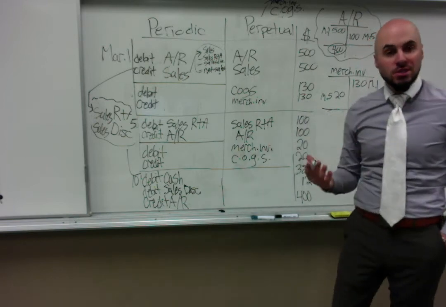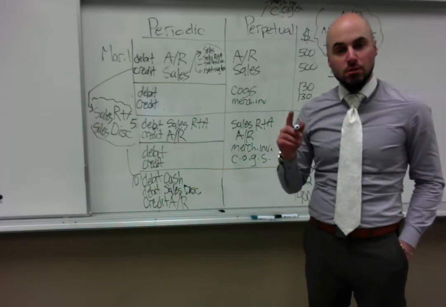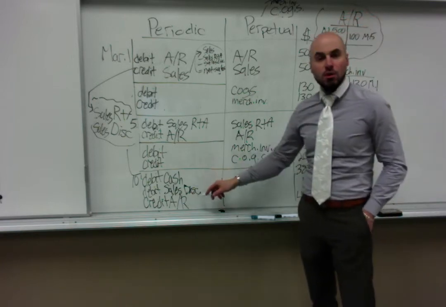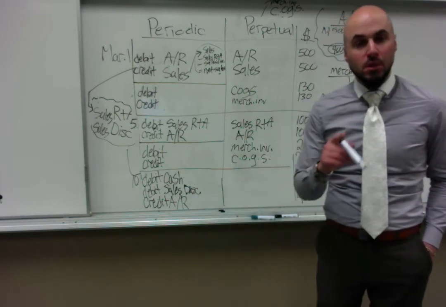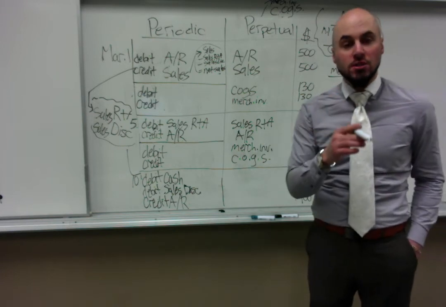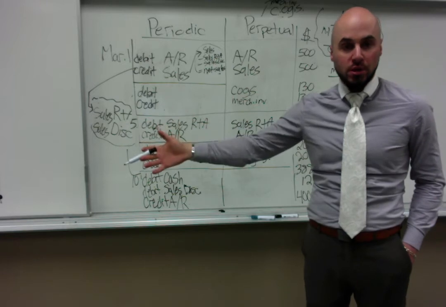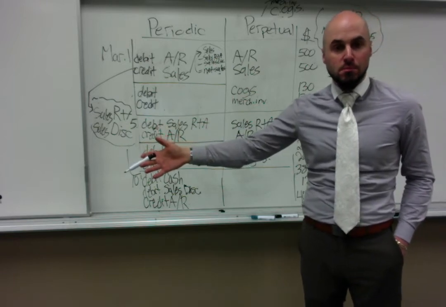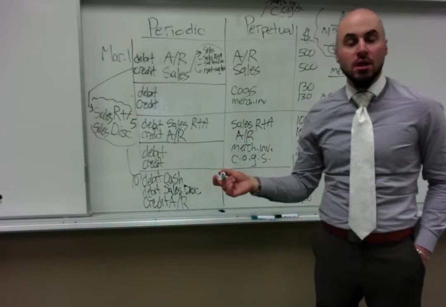But with the sales discount now, we're just going to have to trade sales discounts for merchandise inventory. Sales discount for merchandise inventory, but we're no longer recording this cost of goods sold here because nothing has been sold here, and cost of goods sold is not decreasing since nothing has been returned.